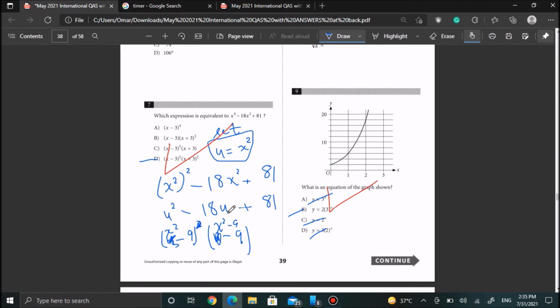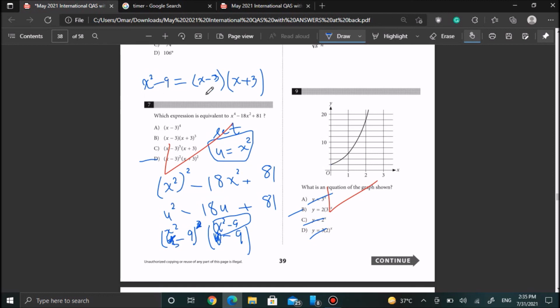Now x squared minus 9 is the difference of two squares. Let me write that down in an empty area. So x squared minus 9 is the same as x minus 3 times x plus 3. Right?